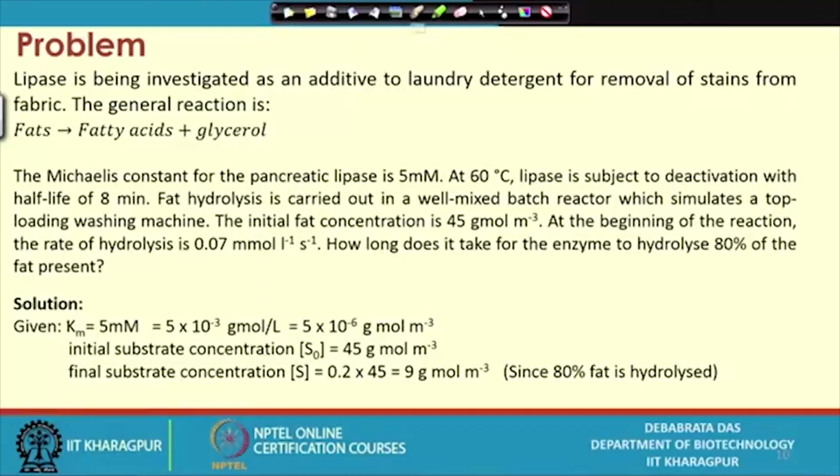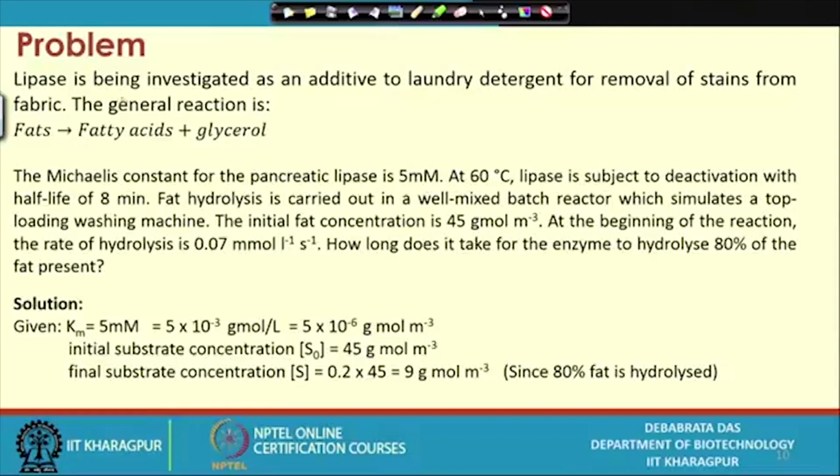For example, if we have a blood stain on the cloth, then some protease enzyme can remove it. This problem is different, because here we will be dealing with lipase, since lipid or fat can also give some kind of stain on cloth. So let us see how we can solve this problem.